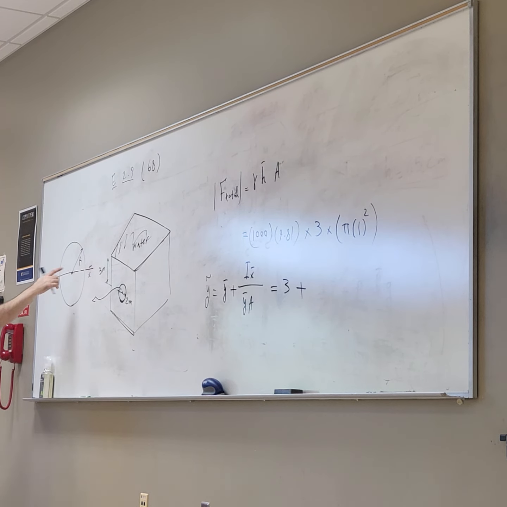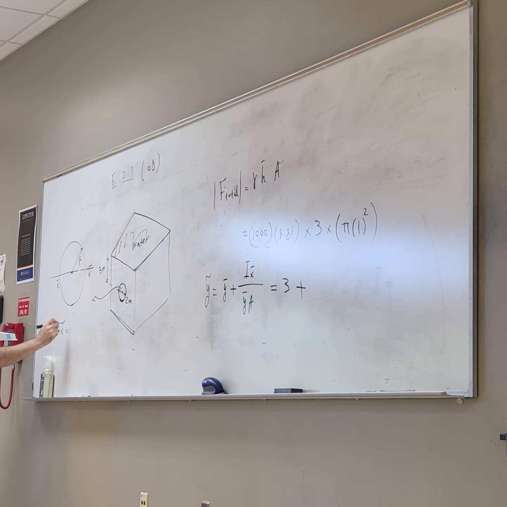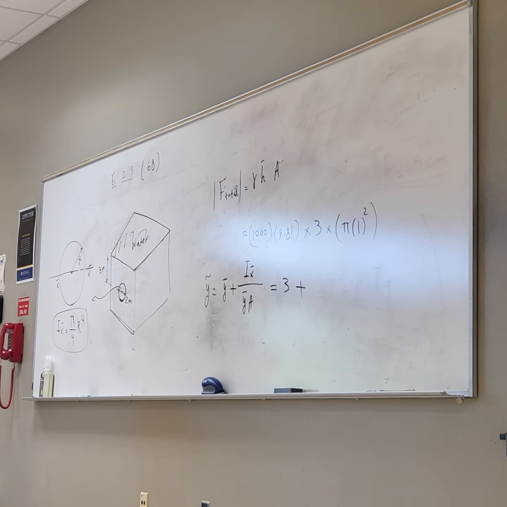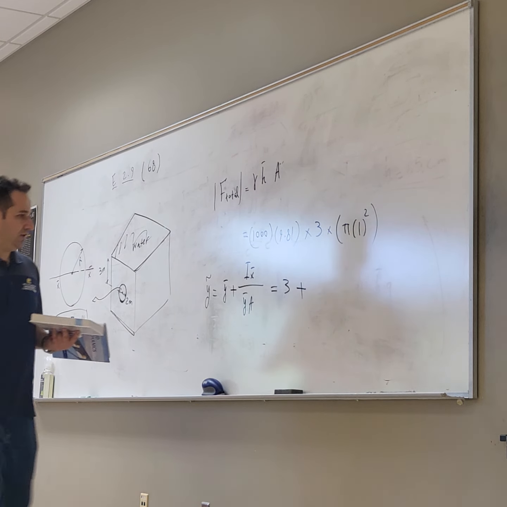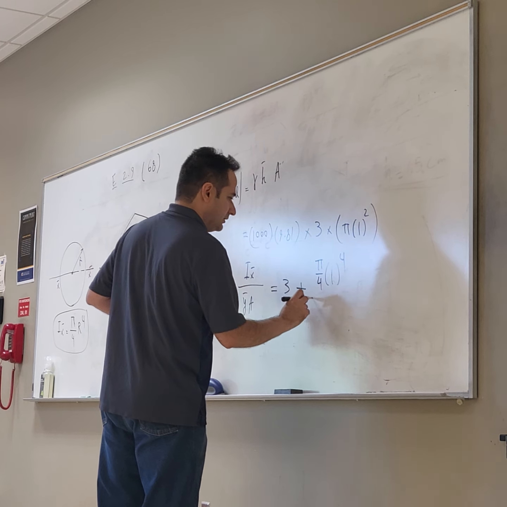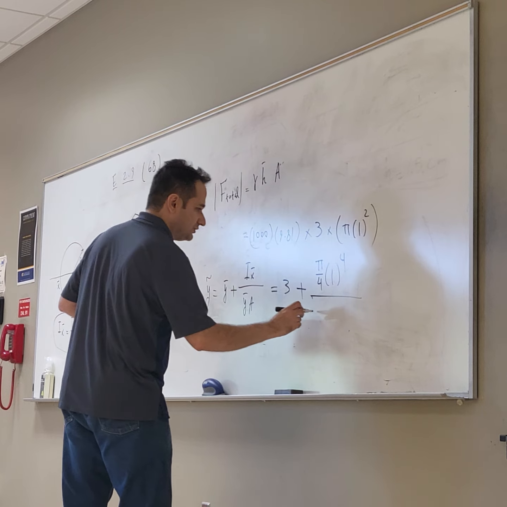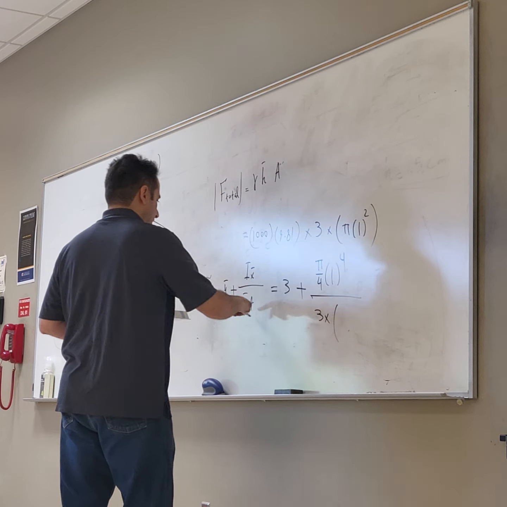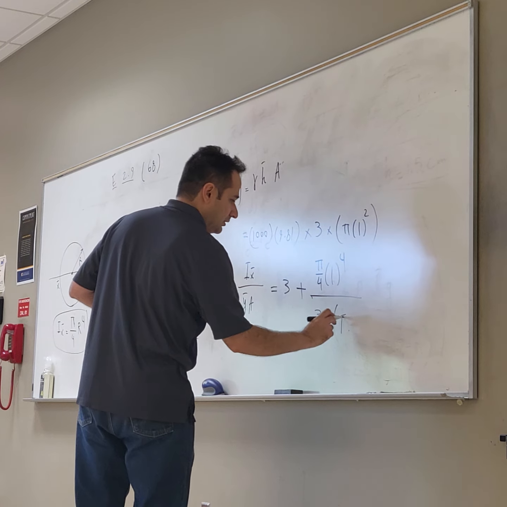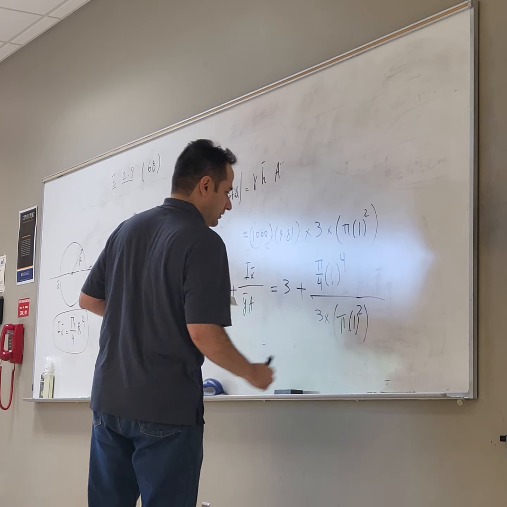For a circle, I x bar is what? Pi over 4 r to the 4th power. You don't need to memorize. Never memorize. It's always at hand. So plug in: plus pi over 4, what's my radius, 1 to the 4th, divided by y bar, which is 3, times A. What's the area? Again, pi times 1 squared. That's it.